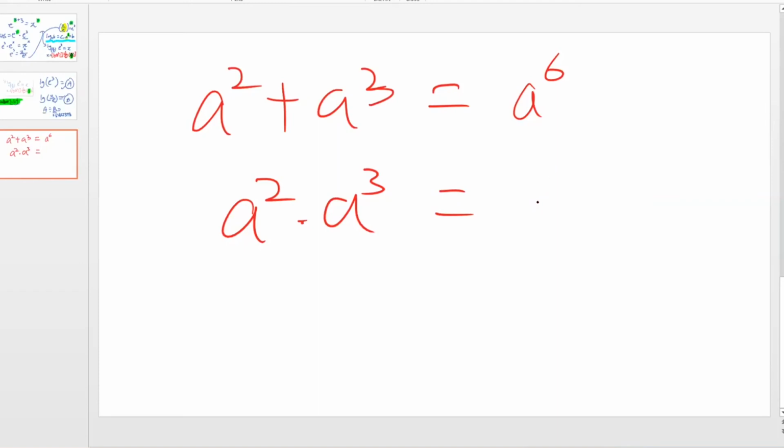Then the second one is 2a to the power of 2 plus 3. Something like this? Is it something like this? Yeah, okay, good.